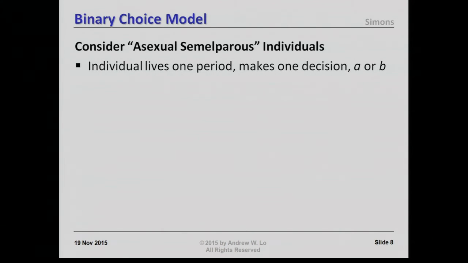So these individuals live one period, and then they make one decision in their lifetimes, choosing between A versus B. These are two generic choices. They could be where to nest, they could be foraging strategies, they could be all sorts of different kinds of behavior, but I'm going to call that A versus B. And that decision determines the number of offspring that they will have.